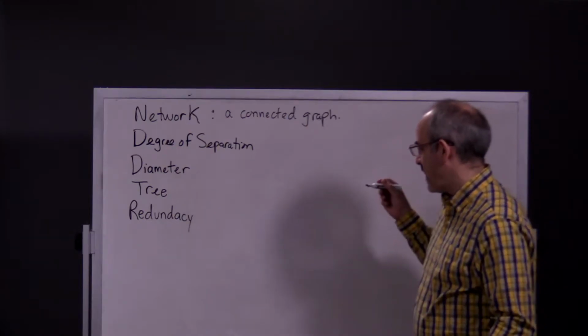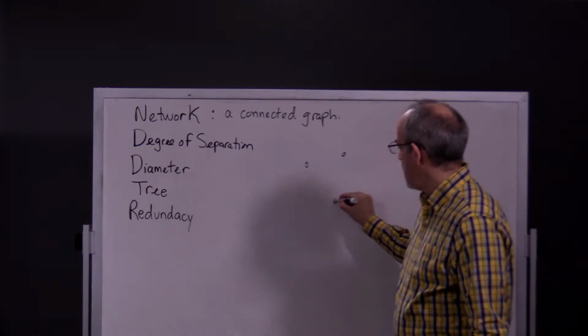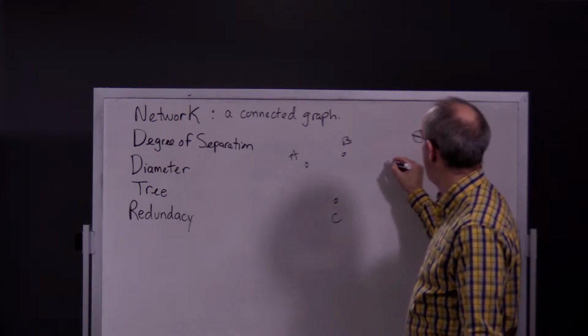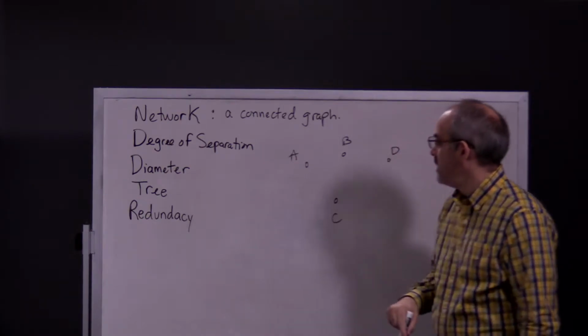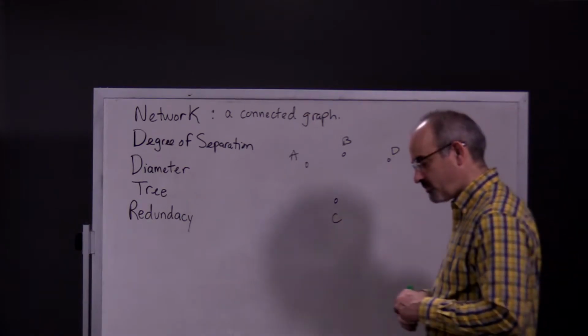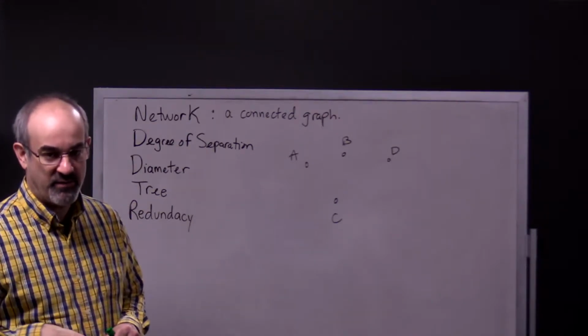Let's say there's 4 people. These are the 4 people. They don't have names, they just have letters. They're basically vertices in the graph that I'm about to draw.